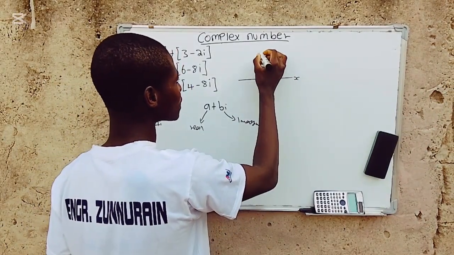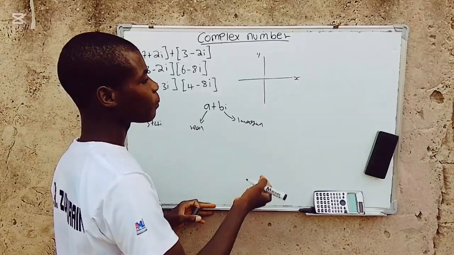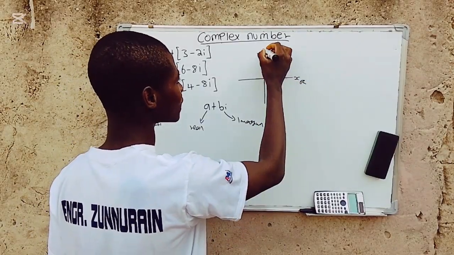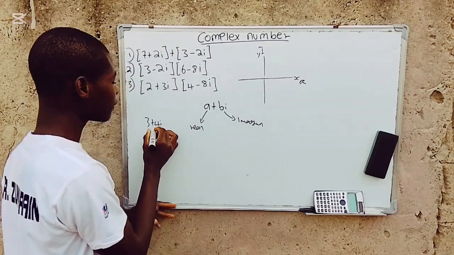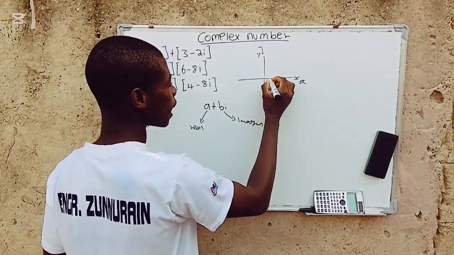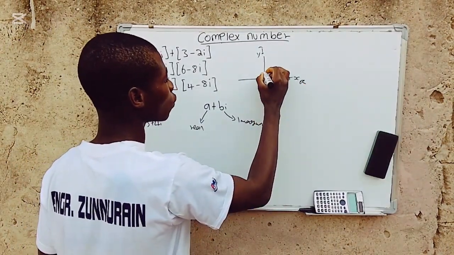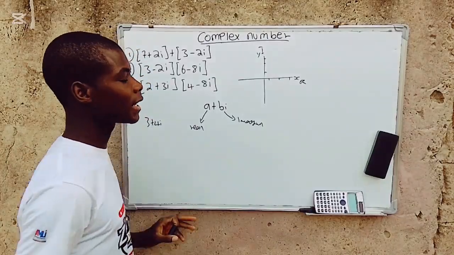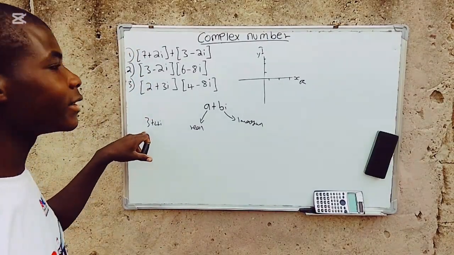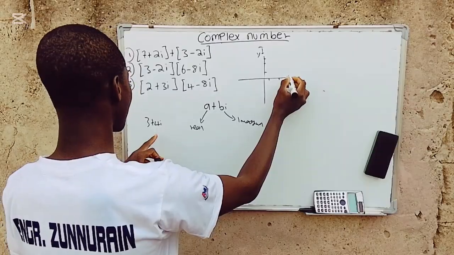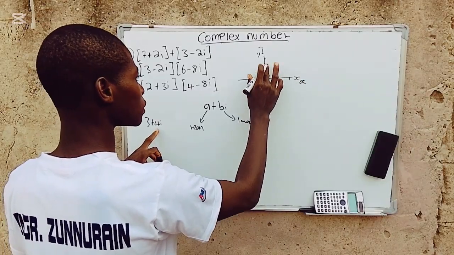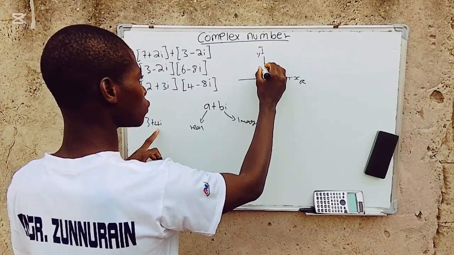So the x-axis and the y-axis. The x-axis is the real part, and the y-axis is the imaginary part. So I have 3 plus 4i. Let's say I have 1, 2, and 3. Therefore I have 3 in the real part. And the 4 is in the imaginary part, so 1, 2, 3, 4.